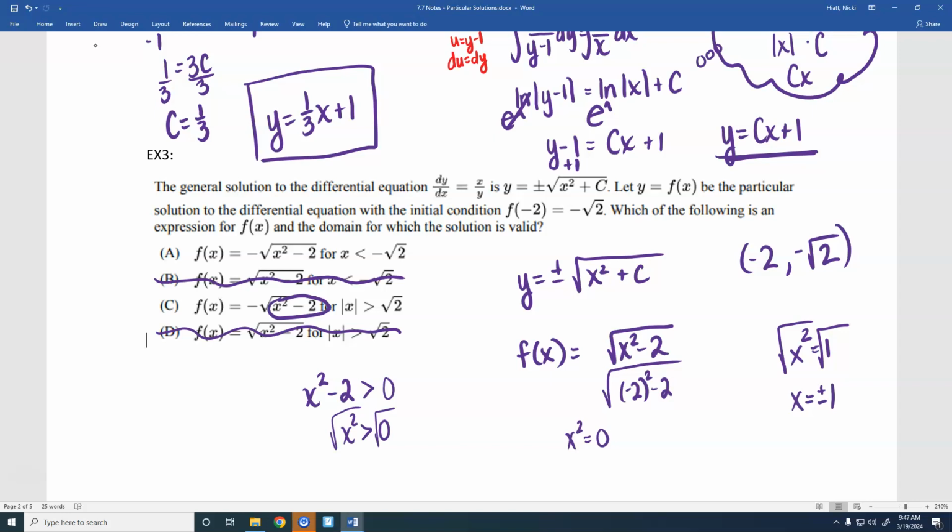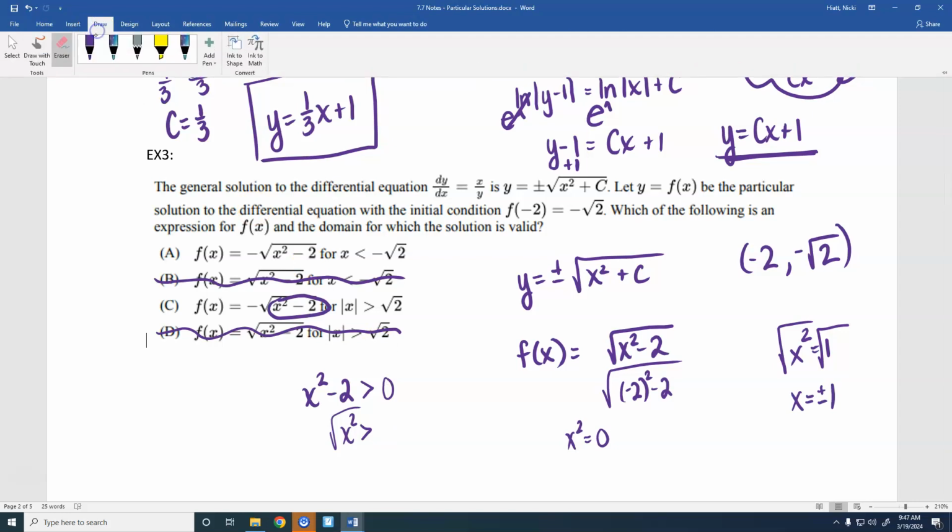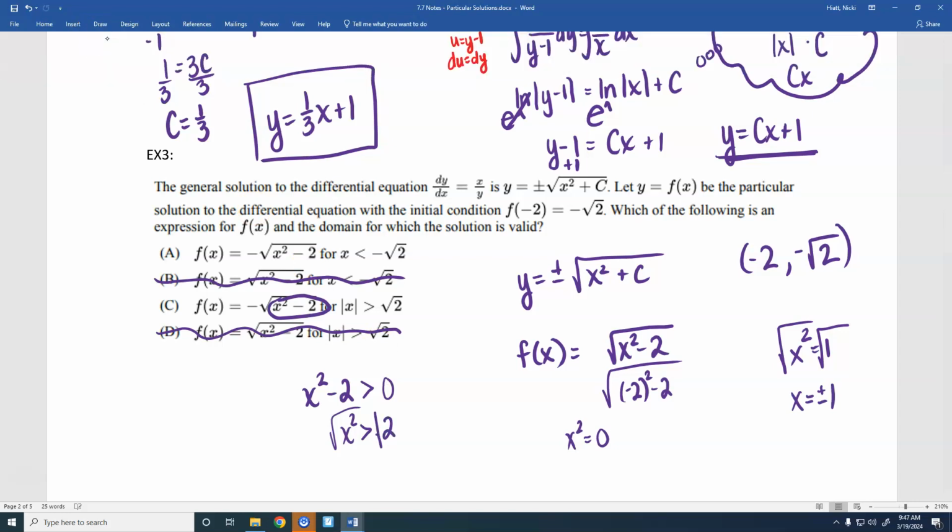I'm sorry, my 2 went away, didn't it? That should have been 2 I'm square rooting there. It does not make sense to be greater than a plus or minus square root of 2. That does not make sense to do it that way.